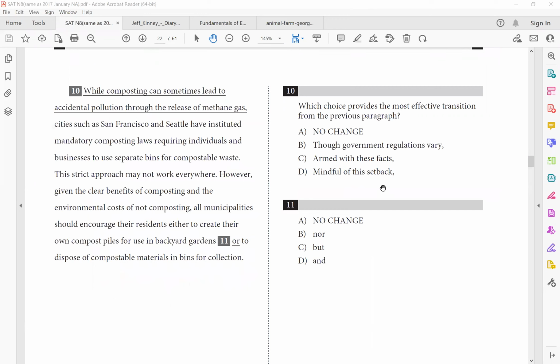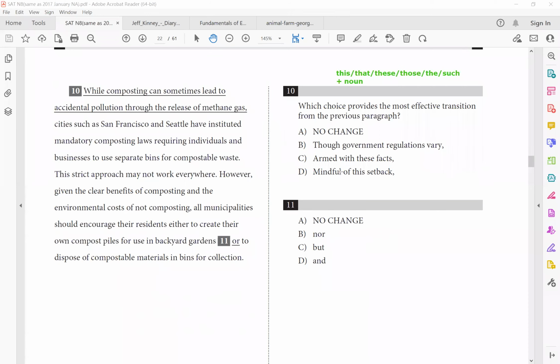Okay, number 10. Which provides the most effective transition from previous paragraph? So a transitional sentence, there are some indicators that it could be a possible answer. So whenever you see words like this, that, these, those, the, such, plus now, that is a good indicator that it's referring to something before, right?